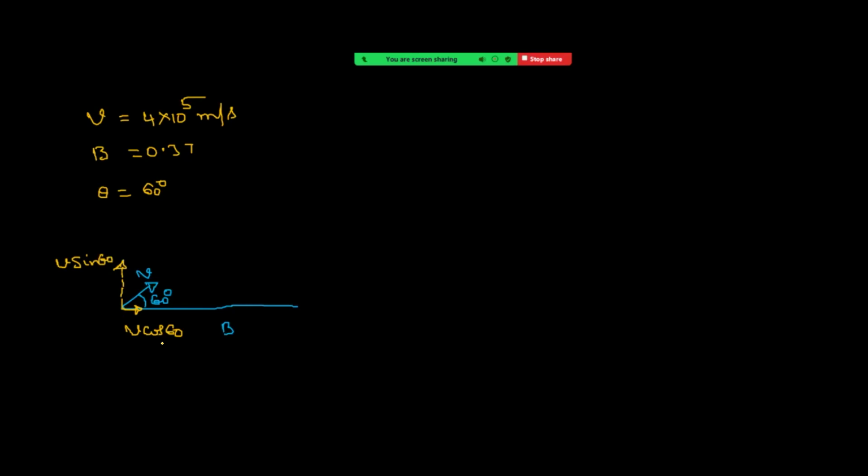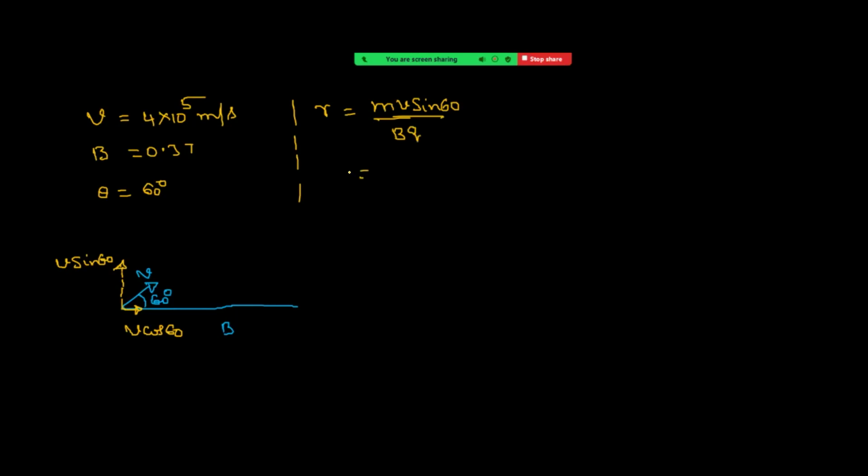Now you can see, because of this parallel component, it follows a straight line path. And due to normal component, it follows circular path. Therefore, radius will be R equal to M V sin 60 upon BQ.